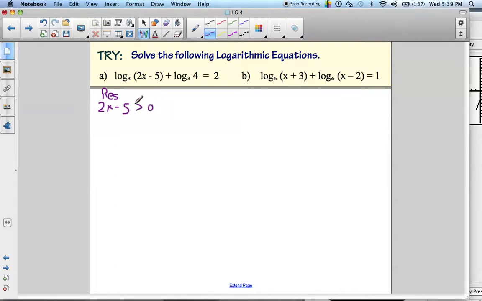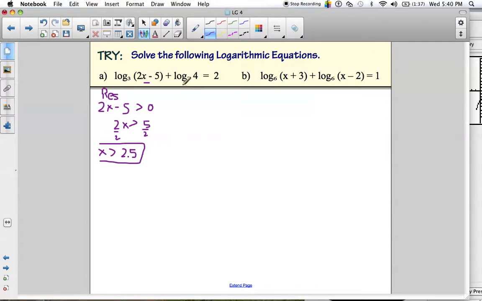Now we just do a little bit of algebra, move the 5 over. Becomes +5. Divide by 2. So my restriction is x must be greater than 5 over 2, or you can say 2.5 if you want. So let's just use a decimal, 2.5. Okay, so let's keep that in the back of our mind because we have to do the solving now.